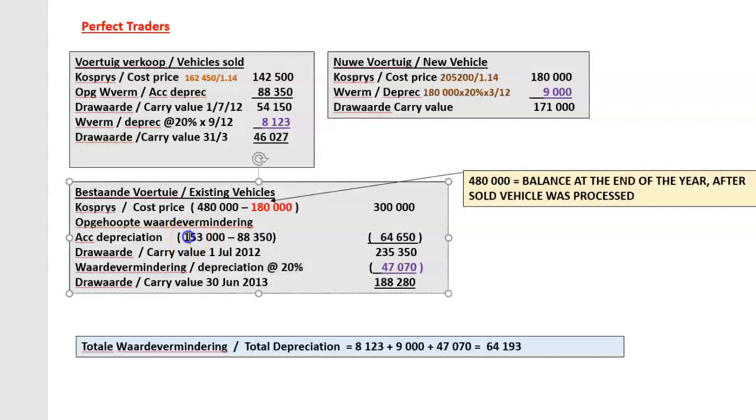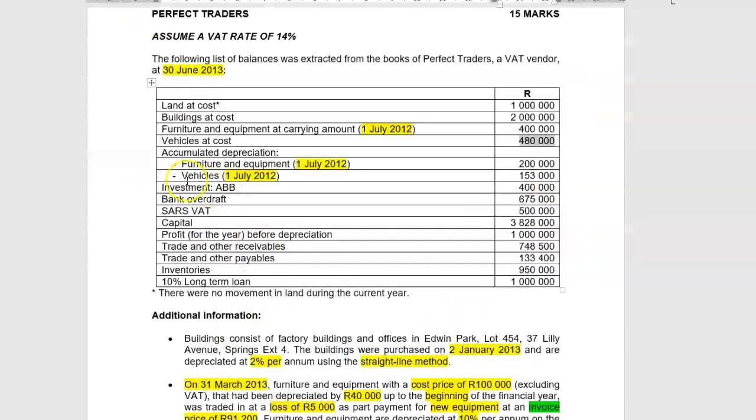Accumulated depreciation I also have to work out, because vehicles are depreciated on the diminishing balance method. The accumulated depreciation on vehicles is the opening balance for the year, 153,000 Rand. The new vehicle's depreciation charge for the year is not included in the 153,000 because this is an opening balance.